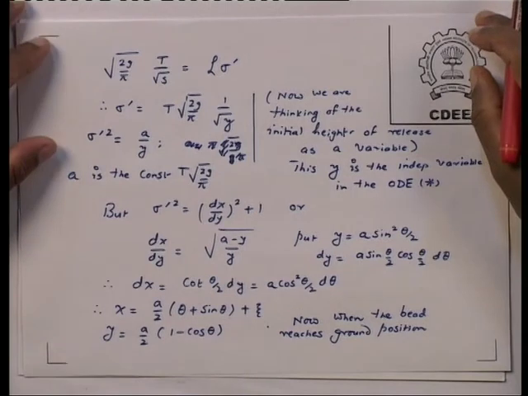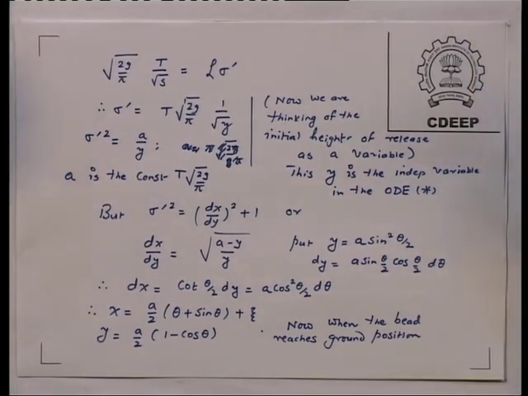T root 2g by pi is a constant. T is a constant because T is the time of descent, that is supposed to be constant. G is the acceleration due to gravity, that is constant. Pi is a universal constant. So, sigma prime squared equal to a by y.